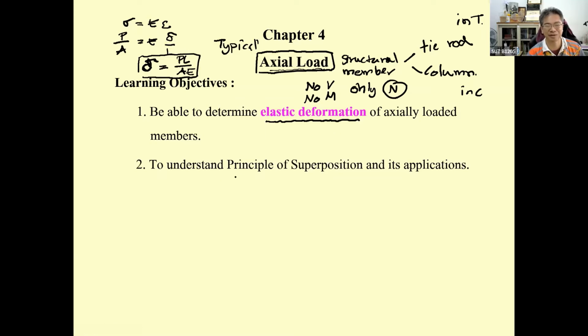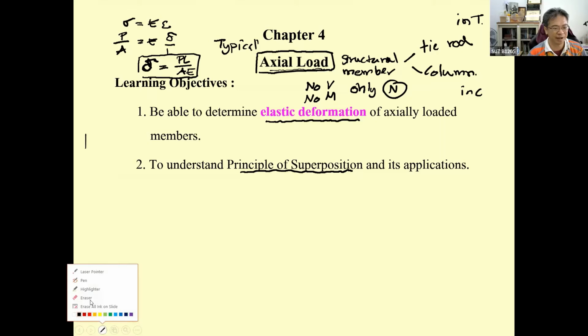We're going to use this principle of superposition to consider this axial load member. There are going to be two types of them. One is going to be statically determinate. Let me put it in this way.